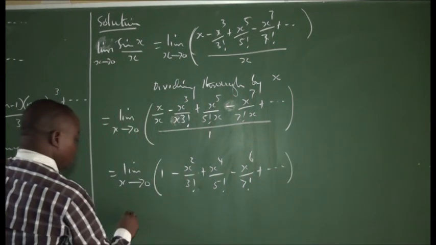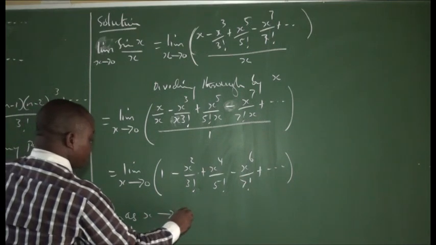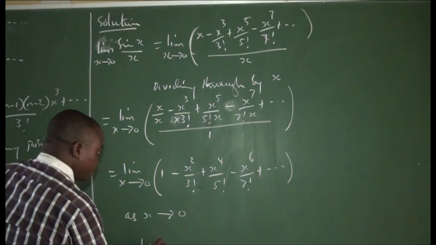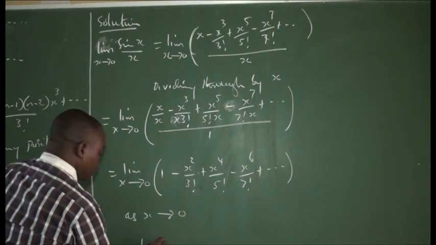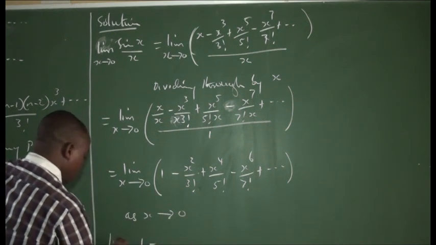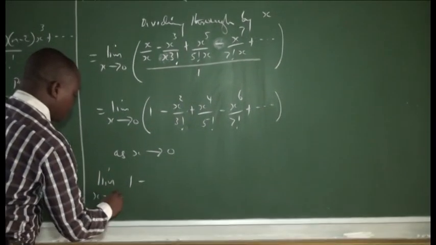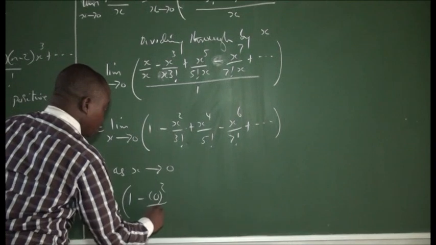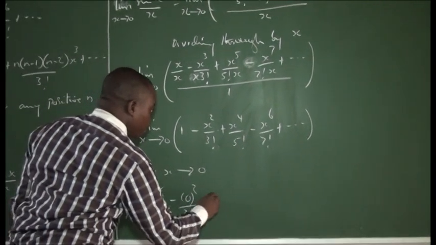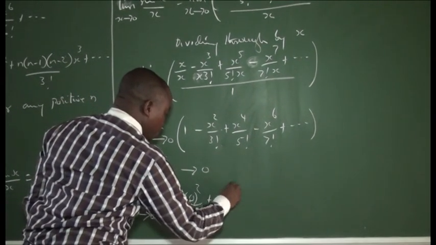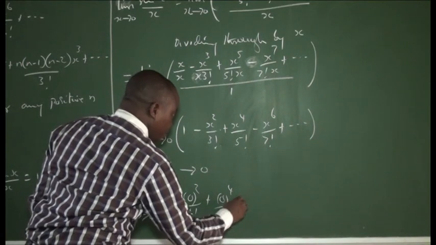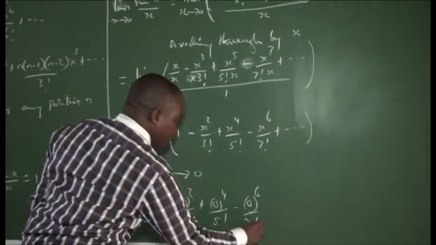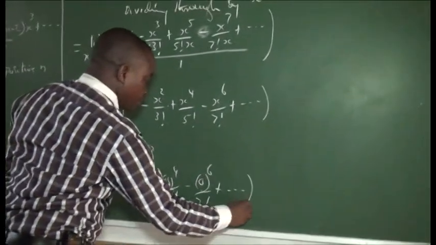So as x approaches 0, we have the limit as x approaches 0 of 1 minus 0 squared over 3 factorial plus 0 raised to the power 4 over 5 factorial minus 0 raised to the power 6 over 7 factorial plus, and so on.